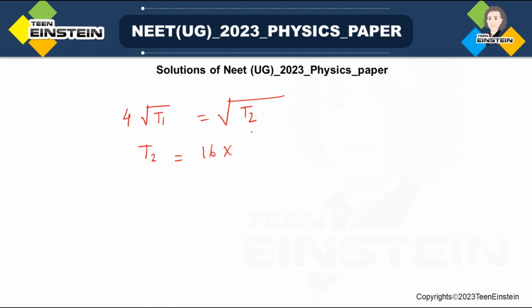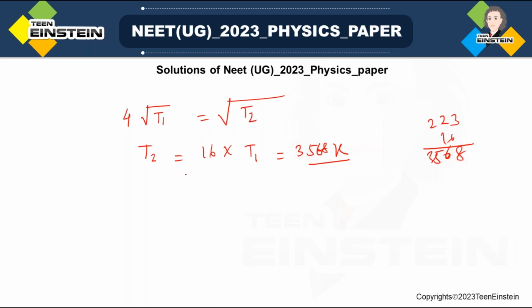The square of both sides means this is T1 again, so T1 is 223 into 16. This will be in Kelvin. So this is the T2 we have got.